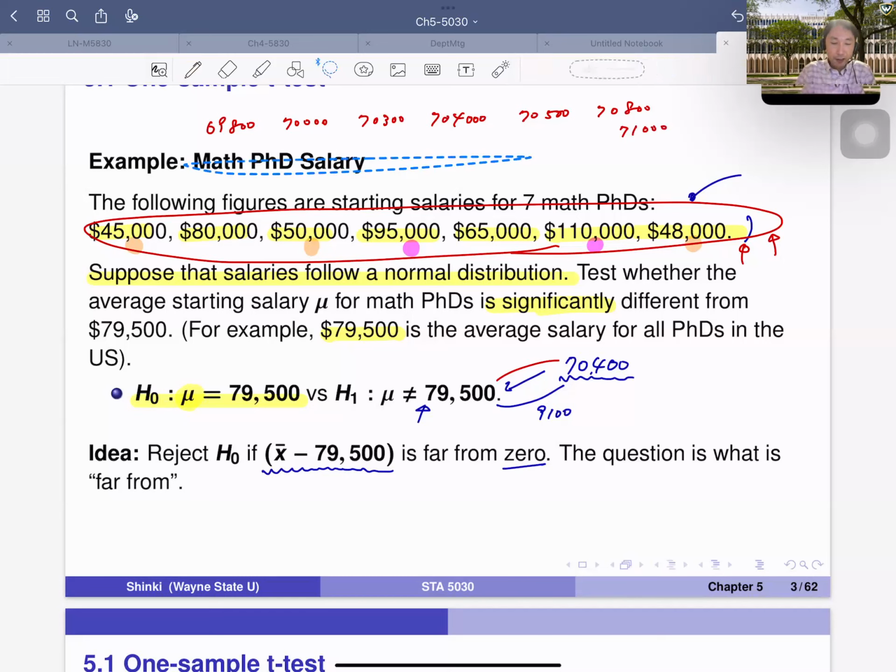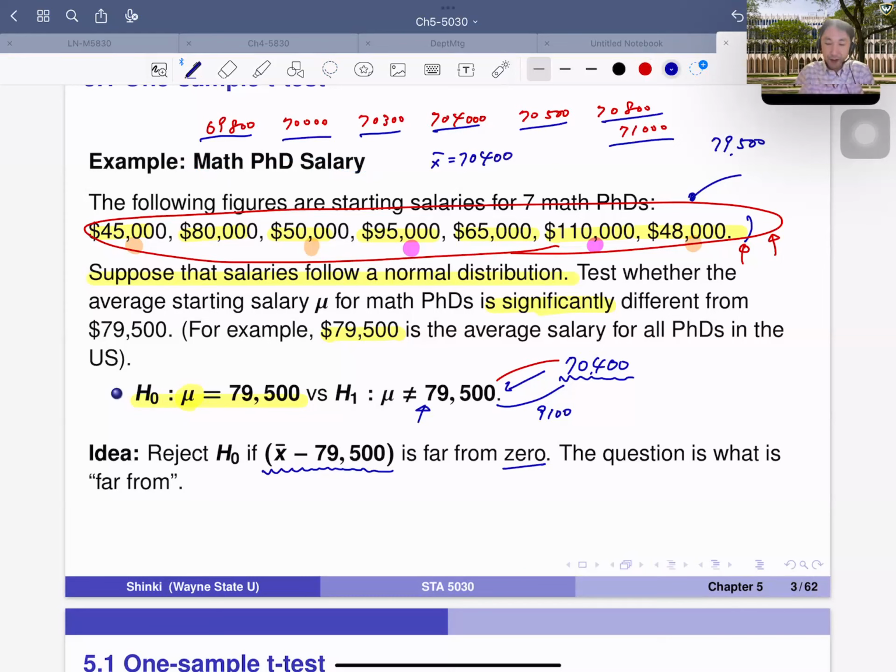So you can certainly say that this average is significantly different from 79,500. You can see all observations are much less than 79,500. So these 7 observations also have mean 70,400, but this is different from our situation.